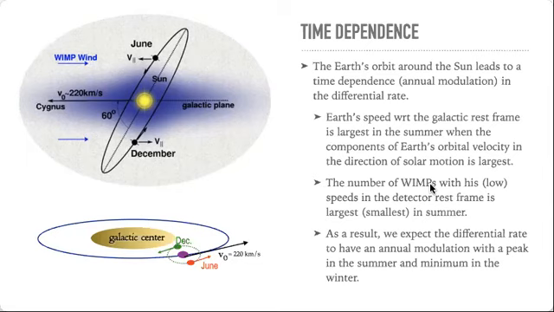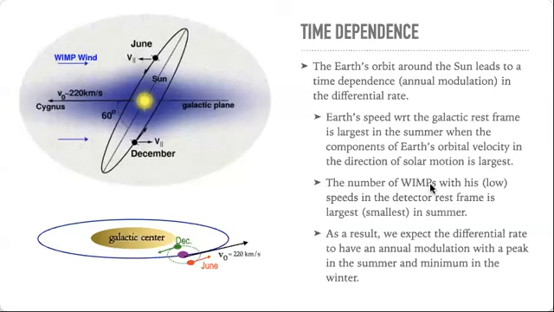So the first one is the idea that you have this time dependence. This is the Earth revolving around the sun. That's one motion that you have going on. And then you have the sun moving, which is essentially our solar system, moving towards the star Cygnus. What this means is that, if you want to think about this in a reference frame, there are two times of the year where the Earth is moving parallel to the wind or anti-parallel, and other times that it's entering the wind at some angle.